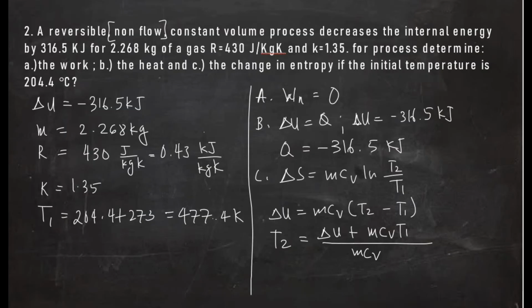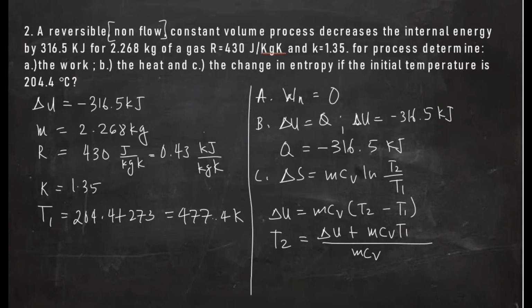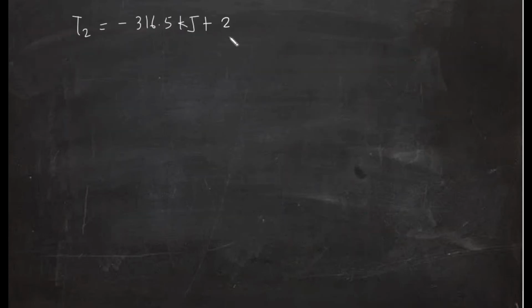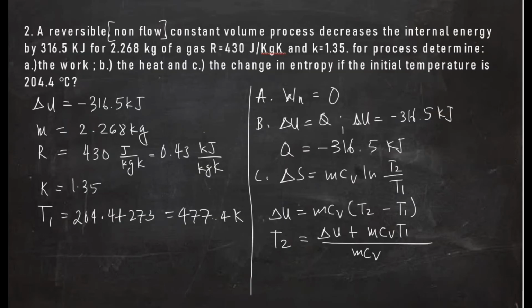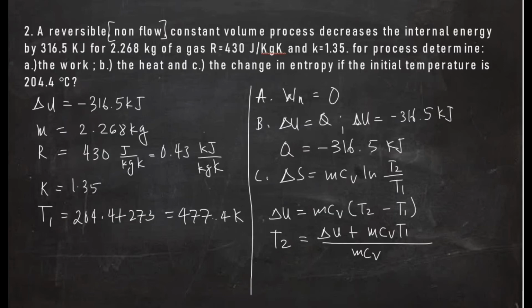Okay, so let's go here. We have T2 equals delta U, which is negative 316.5 kilojoule, plus mcv T sub 1, with mass 2.268 kilograms, and then your C sub V. We haven't obtained that yet, but that's very easy to solve.